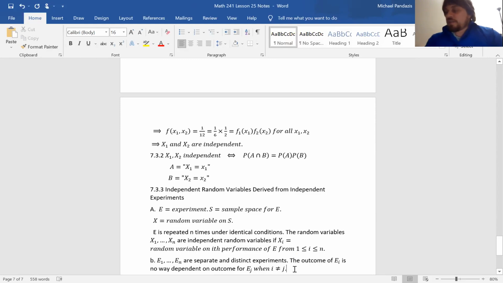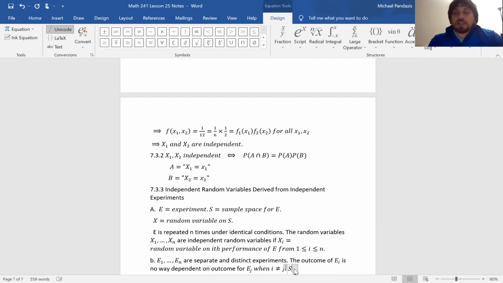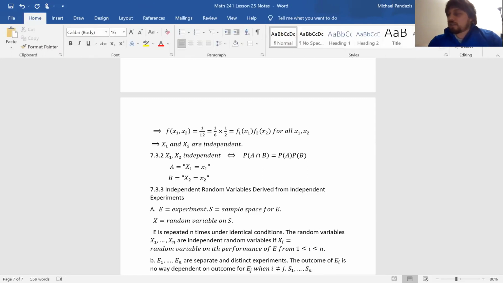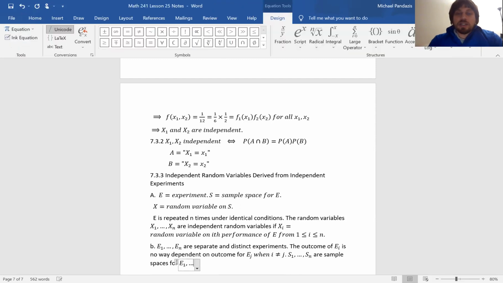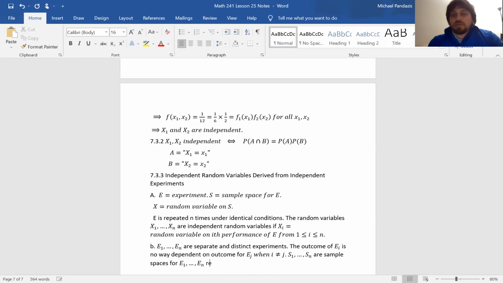S1 to Sn are sample spaces for E1 to En, respectively.